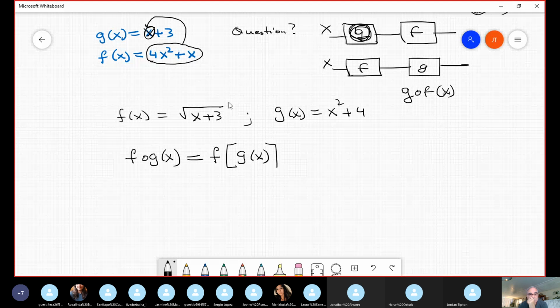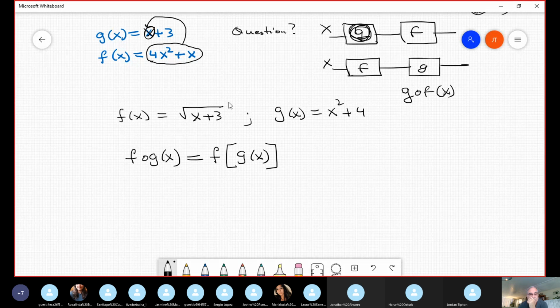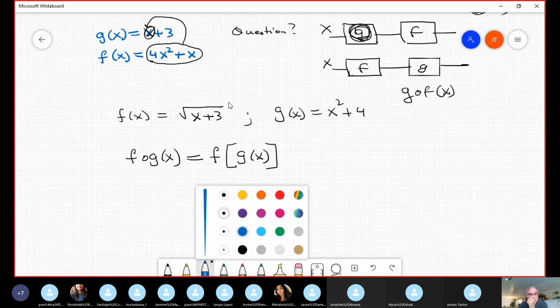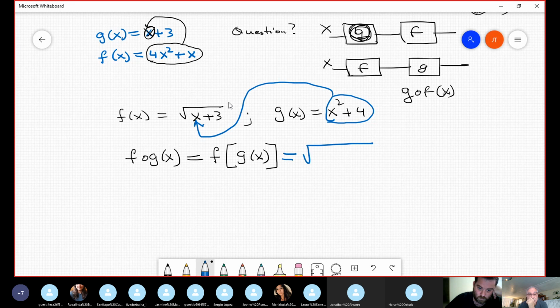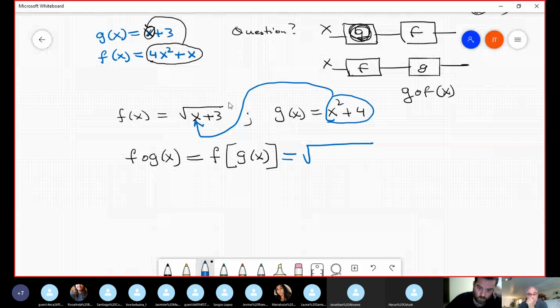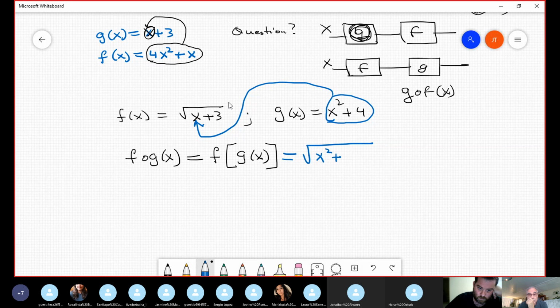In other words, the entire function g goes inside here. Now the expression is square root, keep the square root, no x anymore, of x squared plus 4 plus 3. In this case, you can combine because 3 plus 4 is 7. And this is the composition in this order.